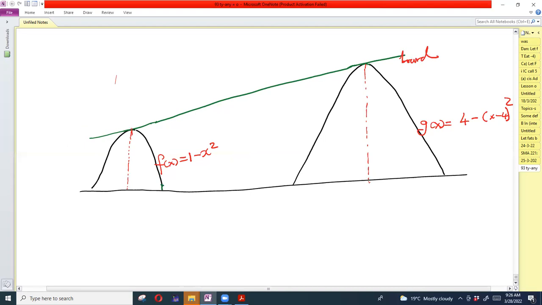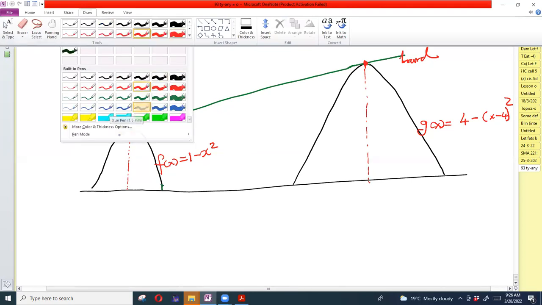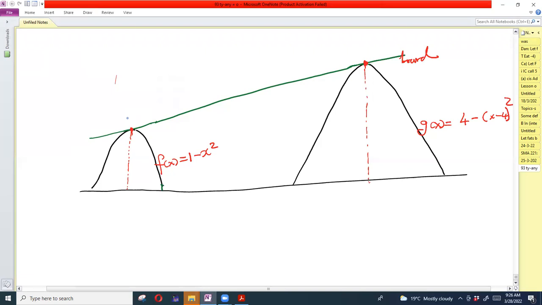So this board is tangent to this small arc at this point, and tangent to this other arc at this other point. So let's call the x value here alpha, which means the y value will be f of alpha. Let's call this point P1, and let's call this one P2.